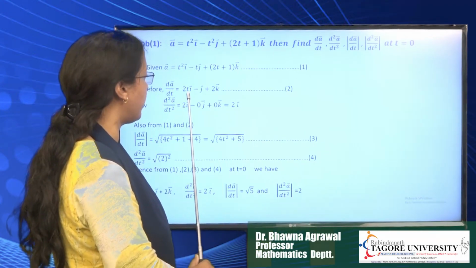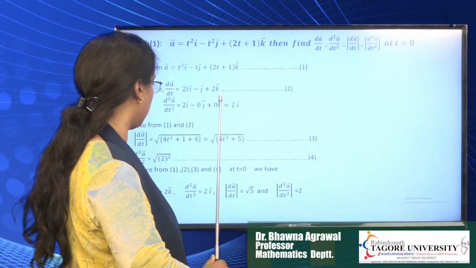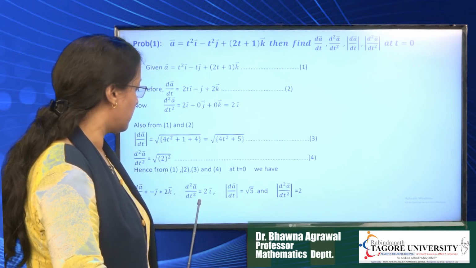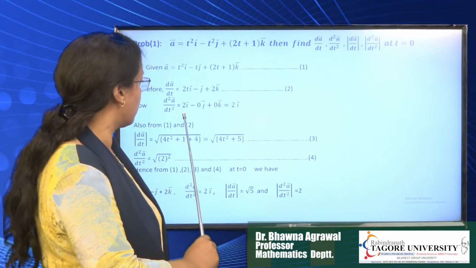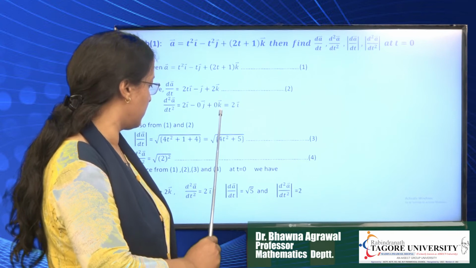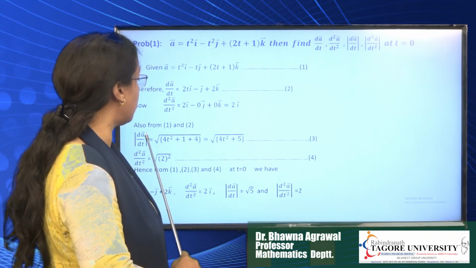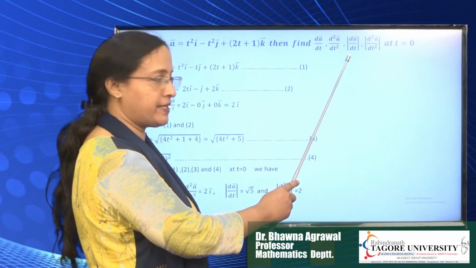For dA by dt, taking t equal to 0, the remaining will be minus i plus 2k. Second, we already found d square A upon dt square; taking t equal to 0, t is not there, so 2i as it is. Third, we have to find the value of the modulus of dA by dt.